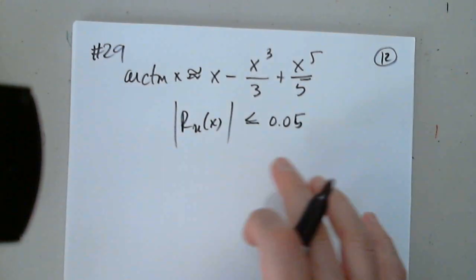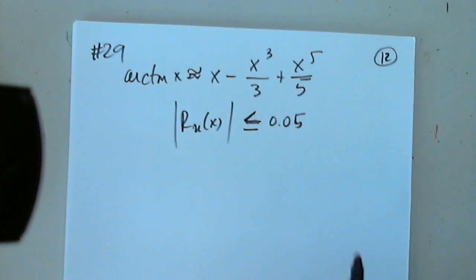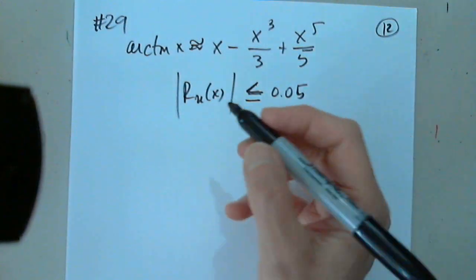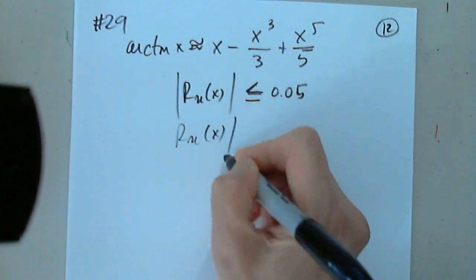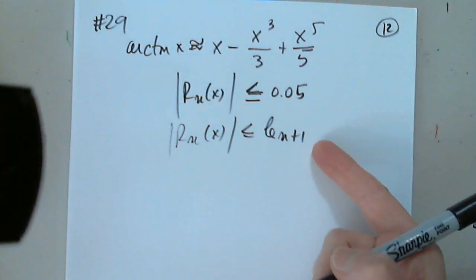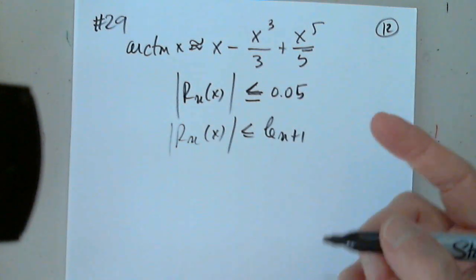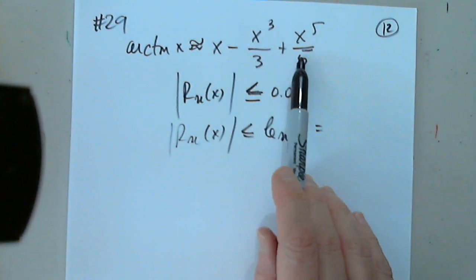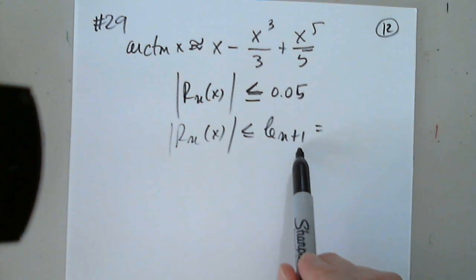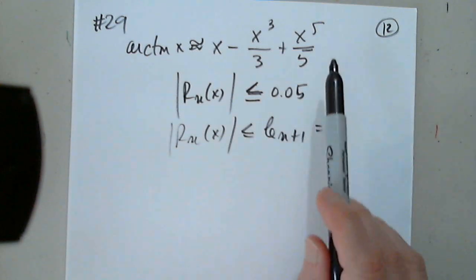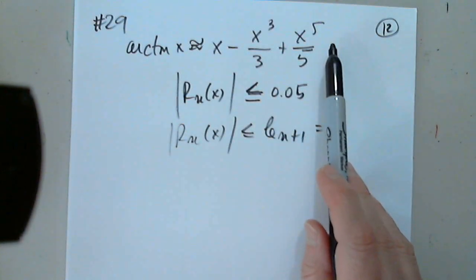Good, so the error has to be less than or equal to 0.05. So as we know from the alternating series, this is less than or equal to the first discarded term. But in this particular situation, because this is term 1, 2, 3, 4, 5, so this must be n equals, so the sixth one, right, it will be 0.